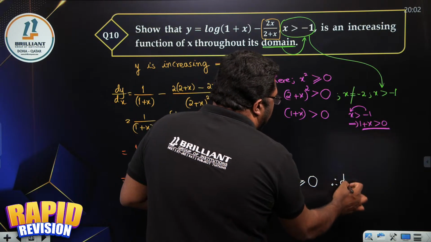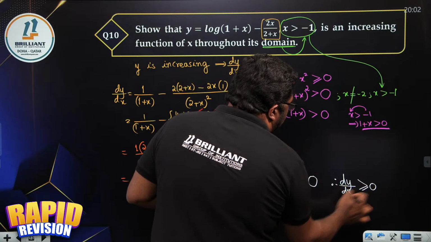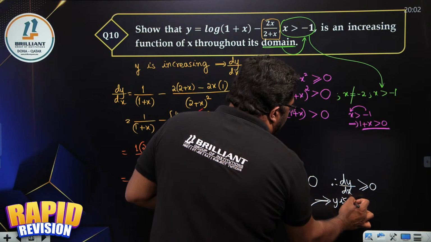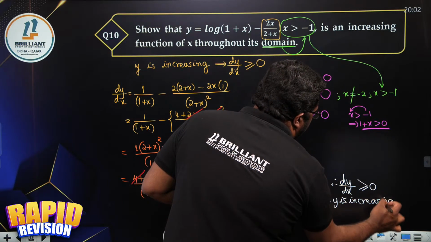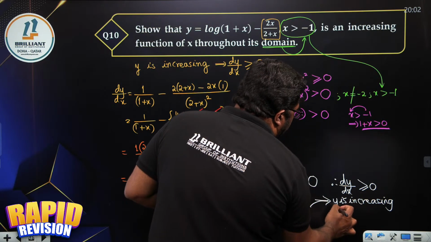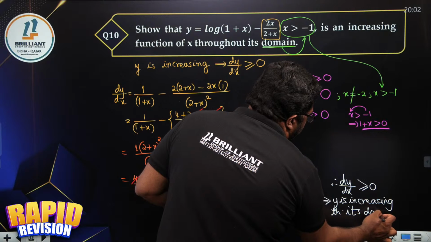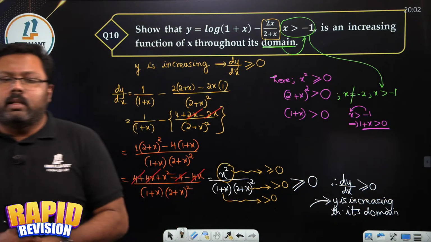Therefore, dy by dx is greater than or equal to 0 implies y is increasing throughout its domain. Proof done. y is increasing throughout its domain.